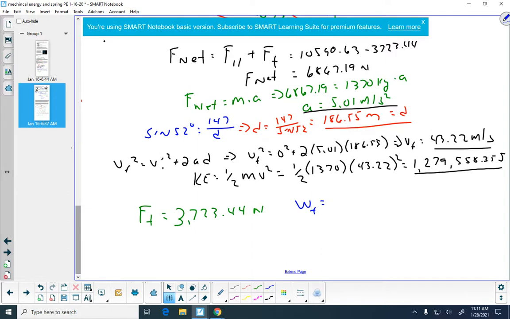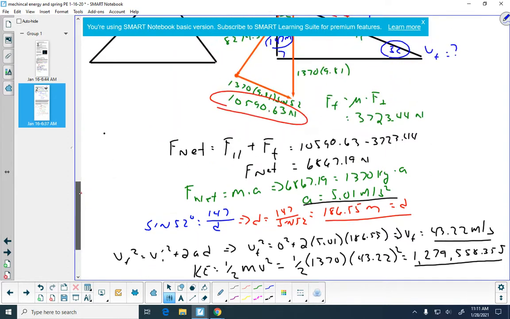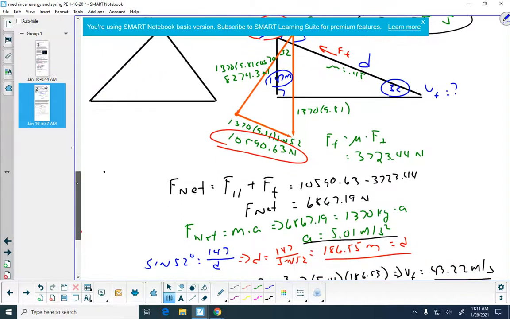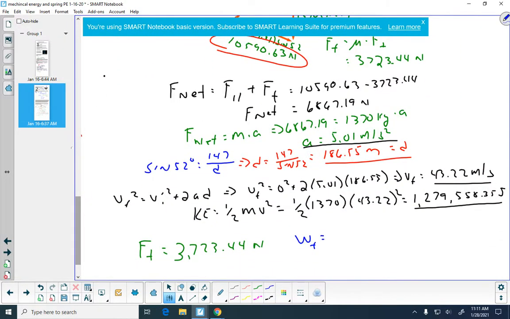Well, I have this force, and we have a distance of 186.55. So we have 3723.44 times this 186.55. So how much work did friction do?